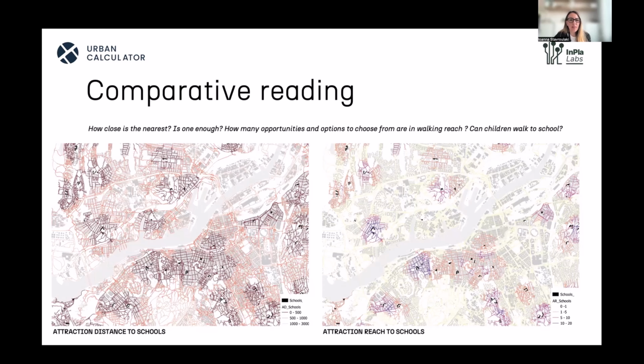That means that they can reach different schools. The more we reach, the higher the probability that these things are different, which is very important to also see. So not only one school, many schools. That means you can reach a primary school, you can reach a kindergarten, you can reach a high school, so you have different possibilities, different opportunities.